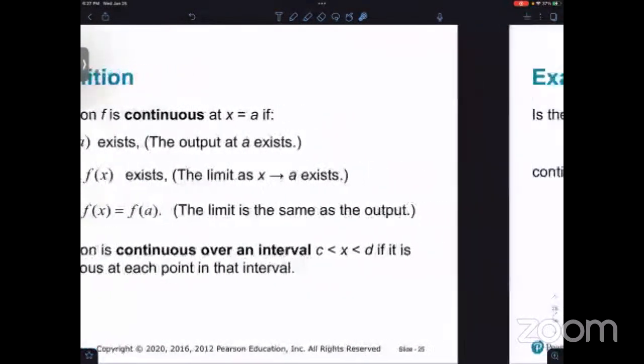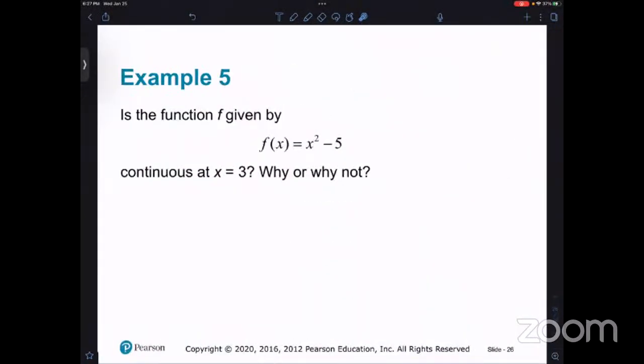So with this one, it asks us, is the function given continuous at x equals 3? Okay, so if we consider the three stipulations, the first one is, is the function defined when x is 3?